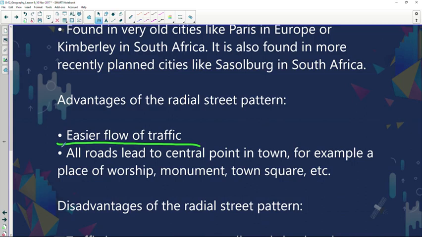All the roads lead to a central point in town because basically, let's say for instance, it's radial, it's outwards, so it doesn't matter if you travel towards the central point, everyone will get to the same point.